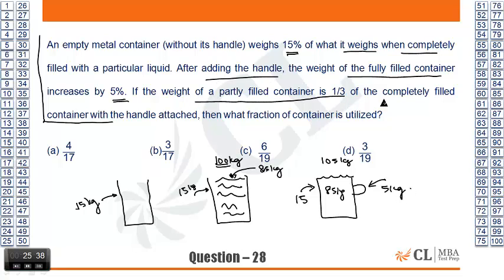If the weight of partially filled water container is 1/3 of the completely filled container with handle attached. Okay, handle is attached, which means this is 15 kg, this is 5 kg, it is filled 1/3. Weight of the liquid is 85 kg, 1/3 of 85, 85 divided by 3. Whatever.